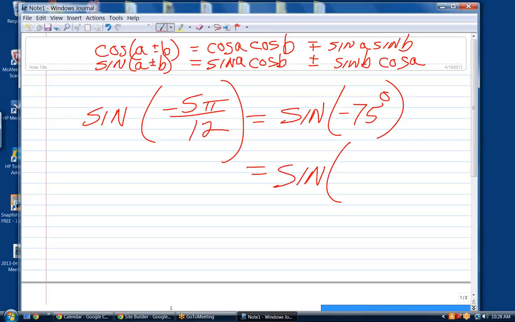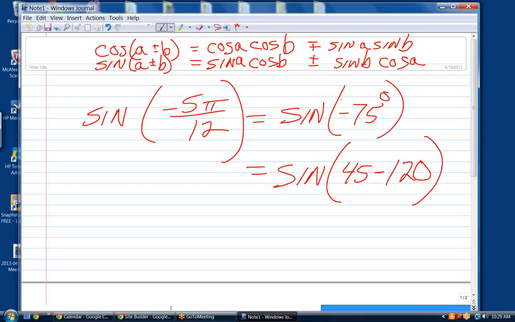Well, think of a combination that involves subtraction where you would subtract a 75. 45 minus 120. Yeah, that's all you need to do.